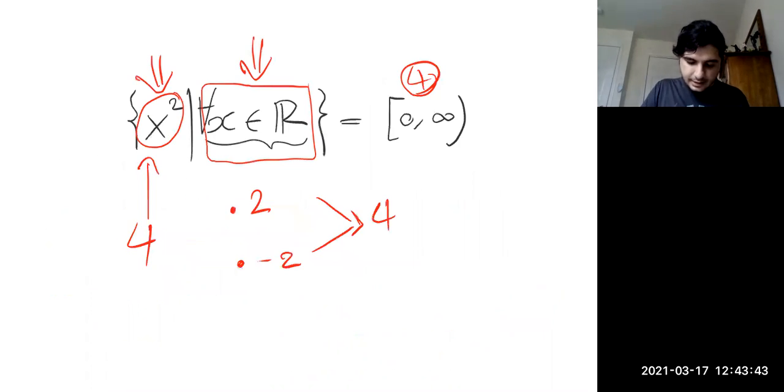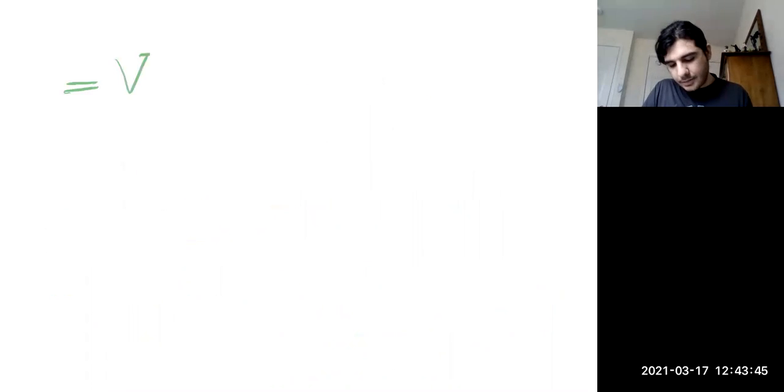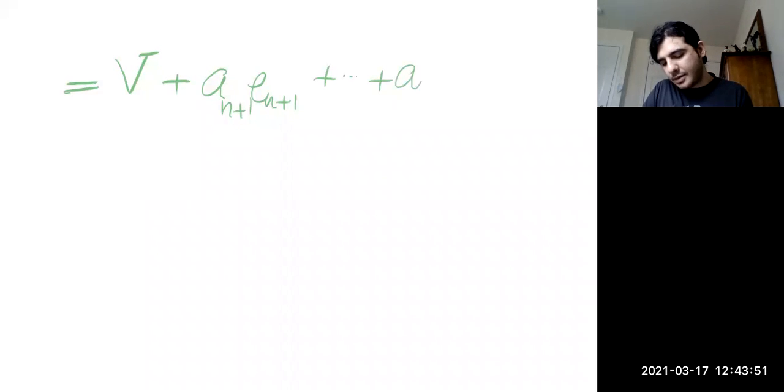It tells us that what we had is equal to V plus An+1 En+1 up to Am Em.